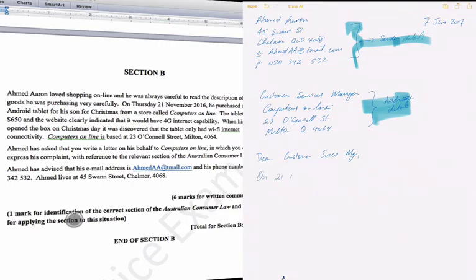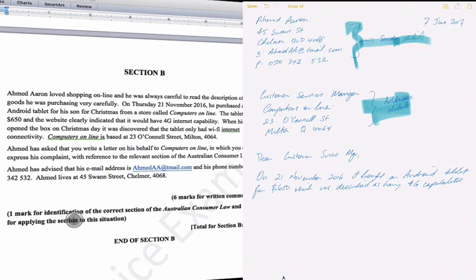So here we're saying on the 21st of November 2016, I bought an Android tablet for $650, which was described as having 4G capabilities. So that's kind of the background of what's actually happened here.